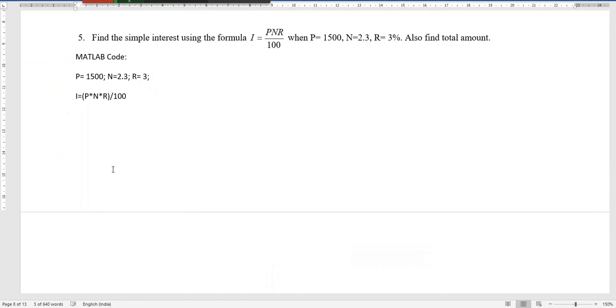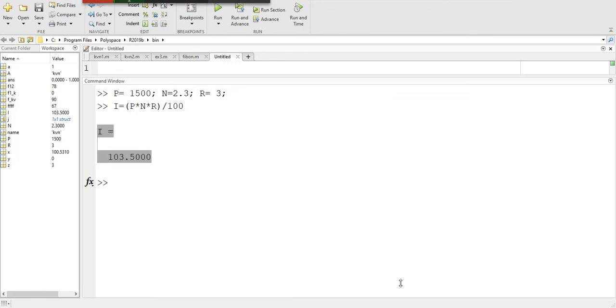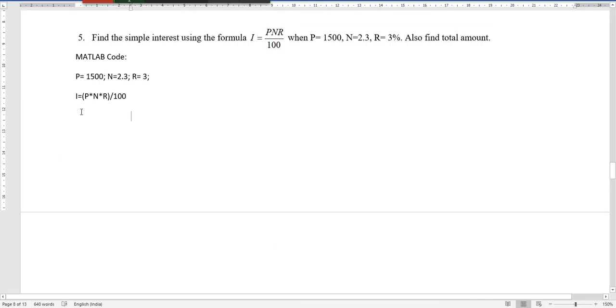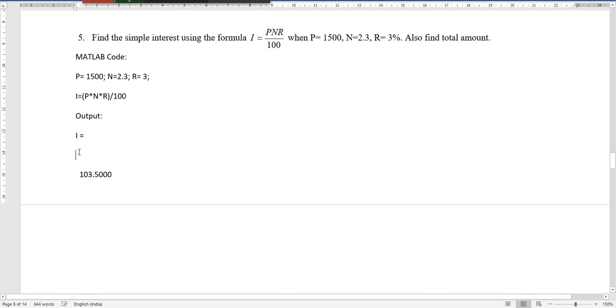Now coming to the I value. Now interest I equals the simple interest, directly you will get the value. Very easy. So directly you will get the answer.